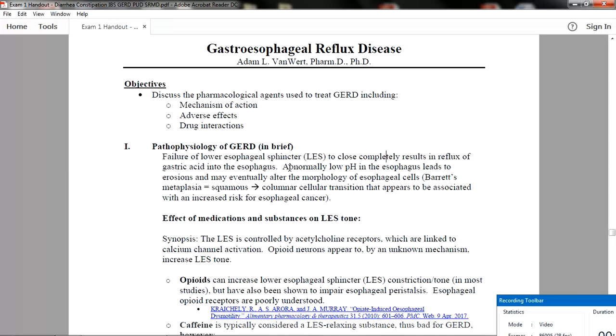If we have reflux of acid into the esophagus, that can cause erosions of the esophageal lining. It's probably tempting to think that acid in your esophagus is just a nuisance. It might be painful, and you might not enjoy the feeling. But longer term, something much more significant can occur, and that's called Barrett's esophagus.